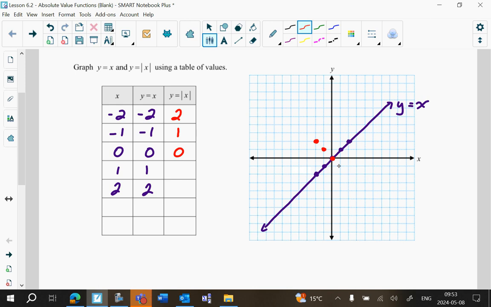If x is 1, absolute value of 1 is 1. That's also on the same graph as y equals x. And same with 2, absolute value of 2. So the absolute value graph would be part of the y equals x graph, but then it differs on the left side.